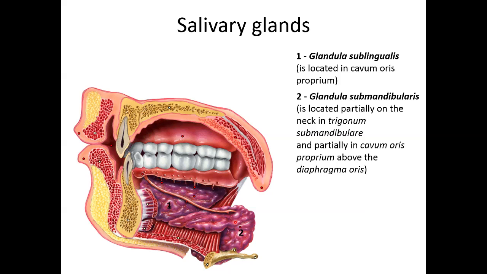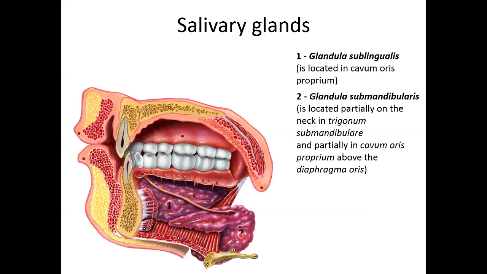So, glandula submandibularis is not straight in shape, but is bent at a right angle.